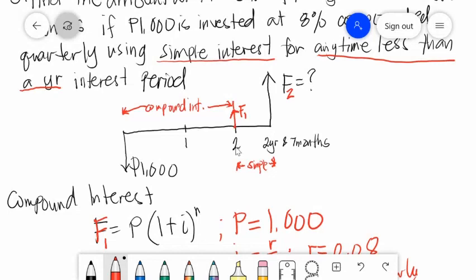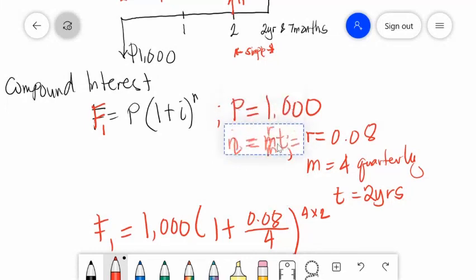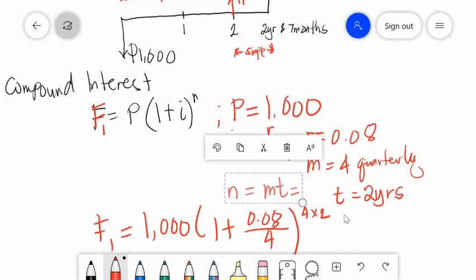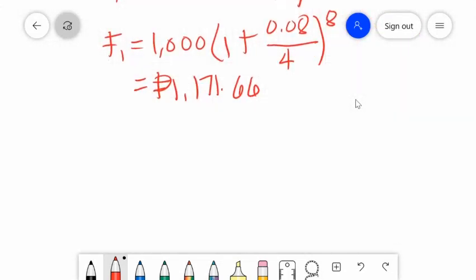Now we will go to simple interest, from the second year to 2 years and 7 months. So that is 7 months, less than 1 year. Simple interest. What is our formula in simple interest?